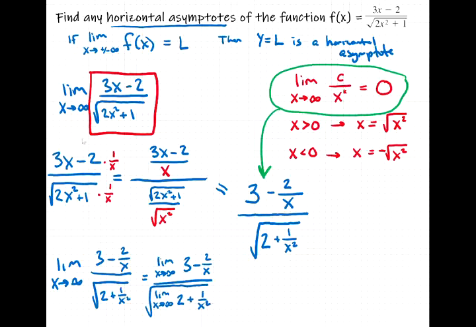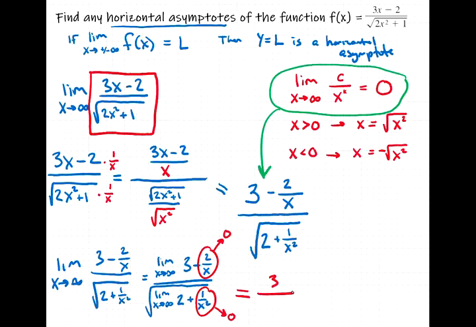All right, perfect. So now as x gets really, really big, this gets really, really small and goes to 0. And again on the bottom, as x gets really, really big, 1 over x squared gets really, really small. So it looks like we end up with the limit as x goes to infinity of the number 3, which is 3. The 3 doesn't change.